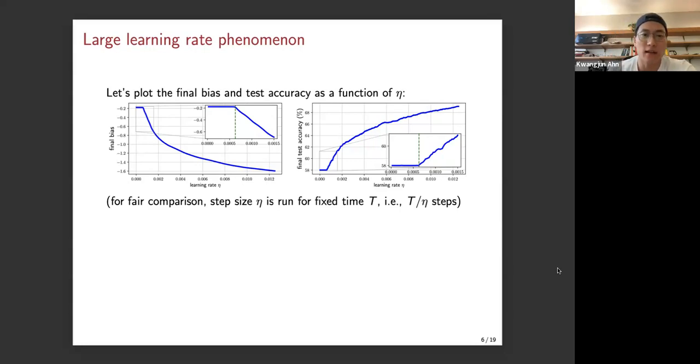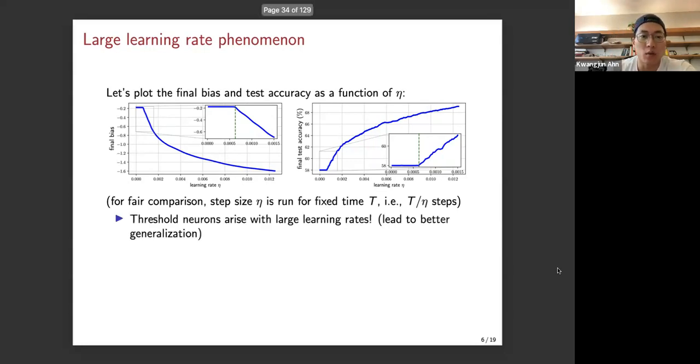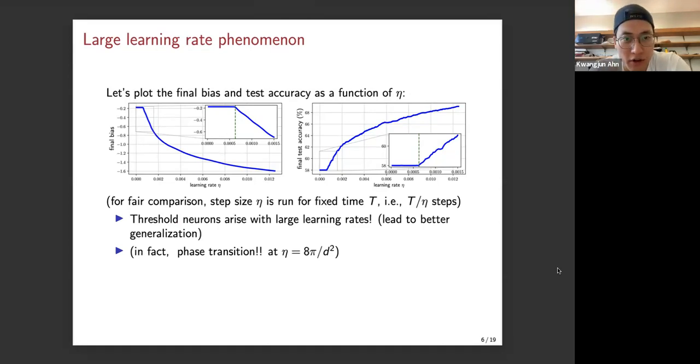And as you can see, we indeed need a large learning rate to learn the final negative bias, which leads to better generalization. Another striking point of the plot is that there's a phase transition. I'm going to revisit this, but it turns out that the phase transition, the green vertical line, is at step size pi over D squared.